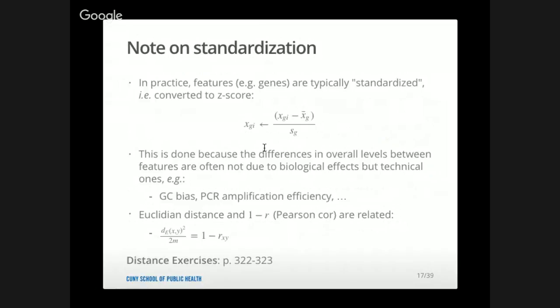And the reason for this, you only do this if it makes sense. It wouldn't always make sense to do this, but for a lot of technologies such as microarrays, such as RNA sequencing, the absolute levels and variability probably have technical biases to them.